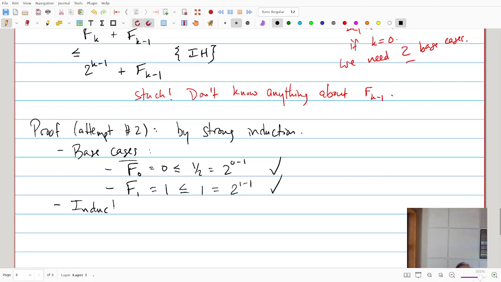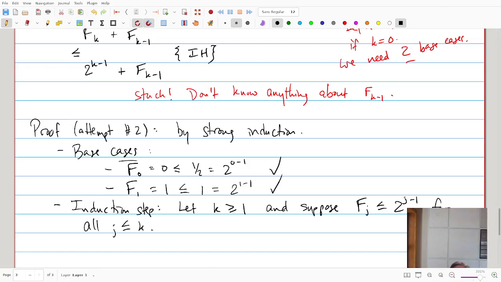And for our induction step, let k be greater than or equal to 1, right? And we're going to suppose Fj is less than or equal to 2 to the j minus 1 for all j less than or equal to k.